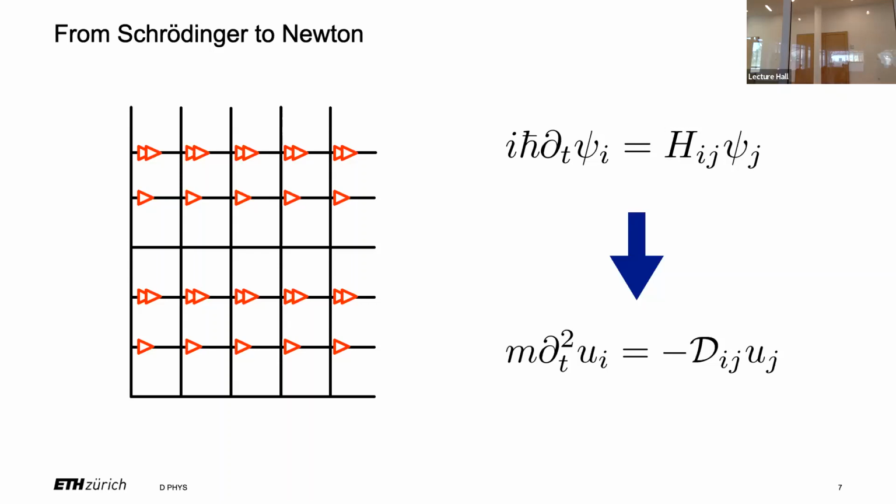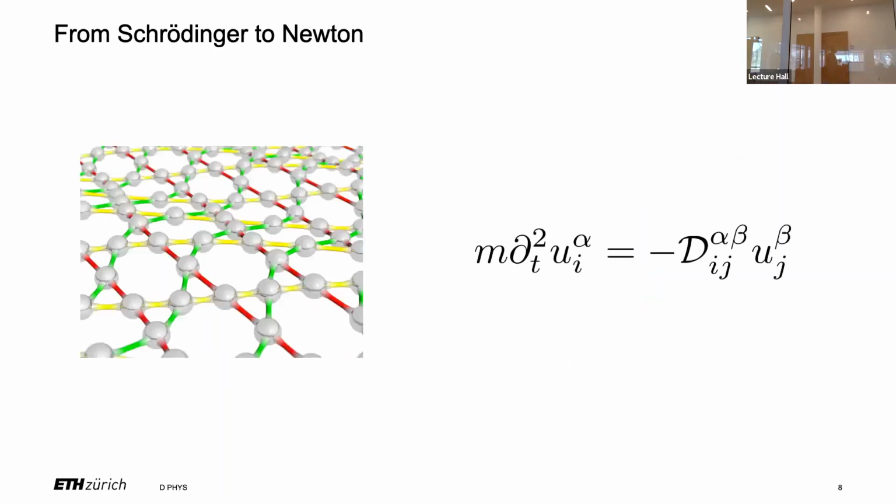Then, if I take the same structure for D_ij as you have in your Hamiltonian H_ij, the eigenstates are going to be the same. So the whole physics of having something in the bulk and something on the surface should survive. That's really where we make that bridge from the quantum mechanical world to the classical world. And of course, you tell me, no, but I need spin, and I need this, and I need the orbitals, and what have you.